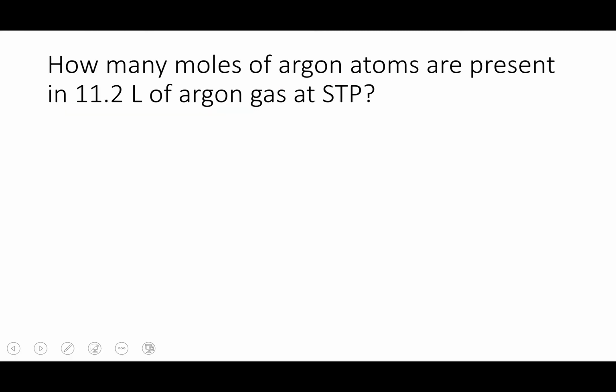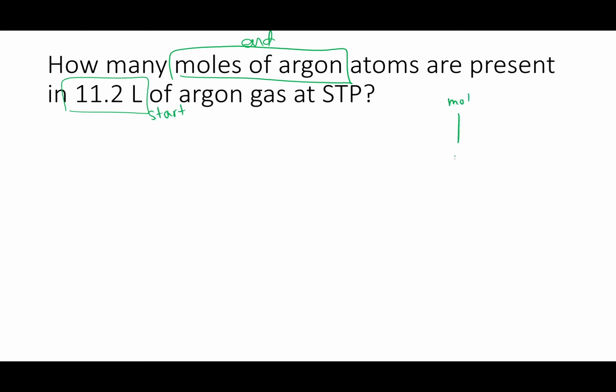All right. One more example for all of us. How many moles of argon atoms are present in 11.2 liters of argon gas? So here's what we're ending with. Again, I'm only staying in one-step problems. 1 mole equals 22.4. 11.2 liters of argon.